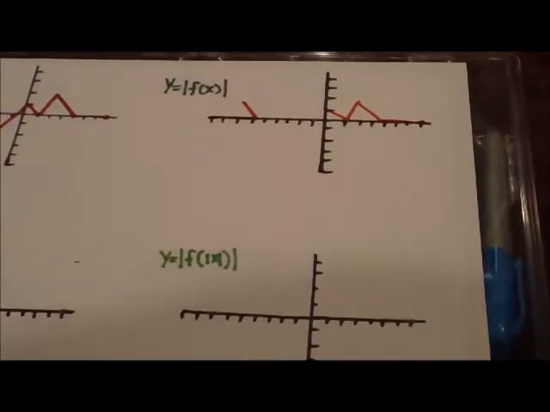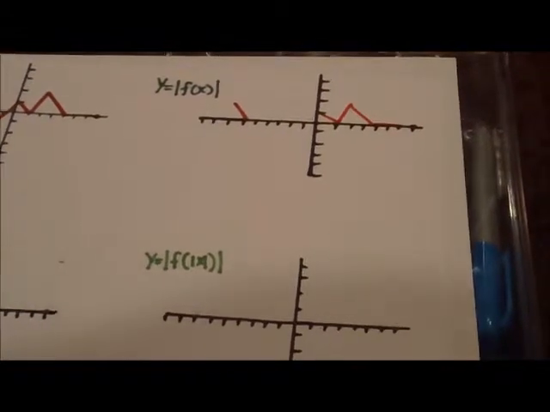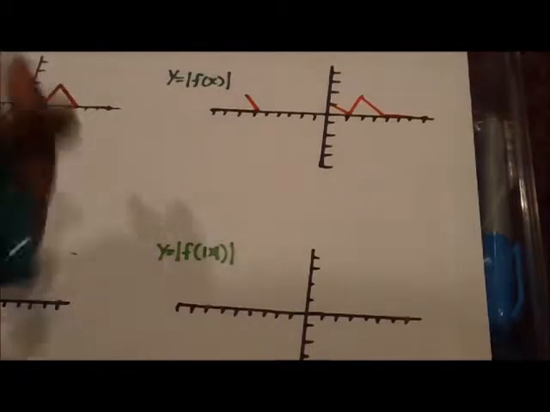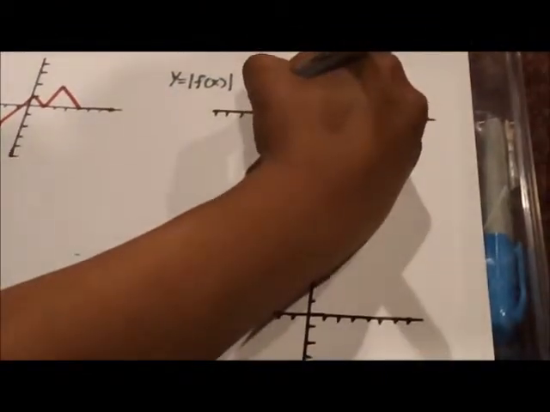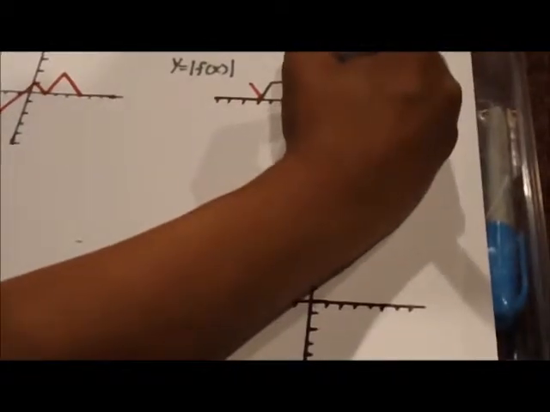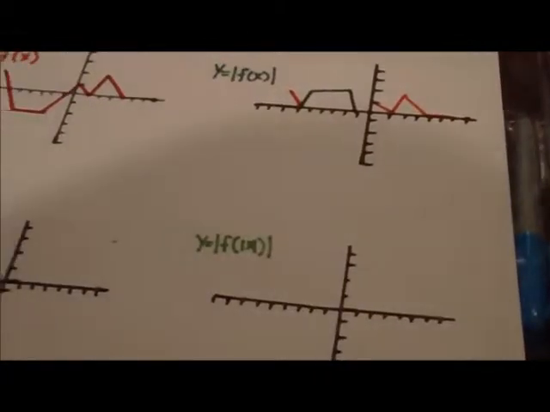To do this, take any negative y values from the original graph and draw them on the new graph with positive y values. Make sure you don't forget any y values on your original graph.